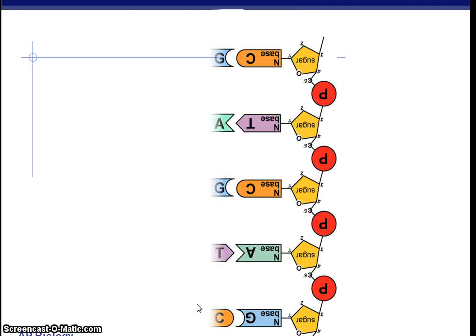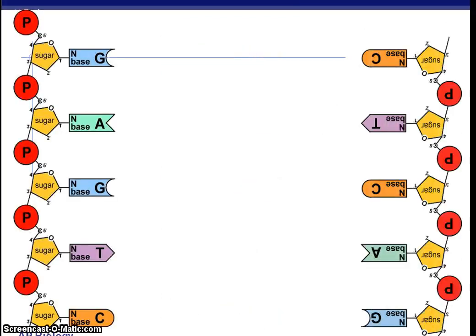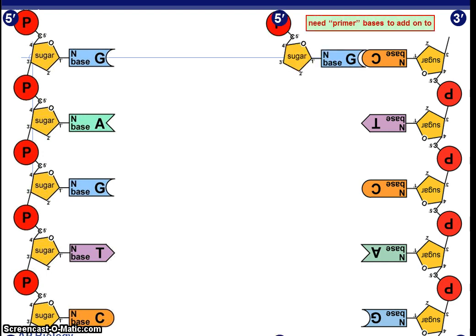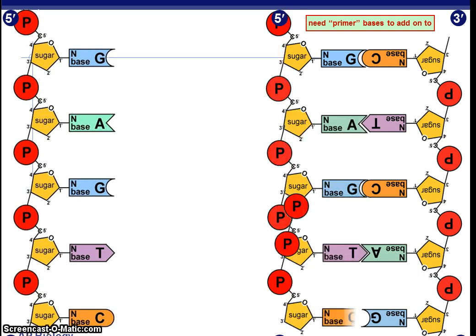Here's our completed piece. So taking it apart, it's helicase, showing it happen at both sides, 5' to 3'. So we need a primer to add on to. So those, and it works.